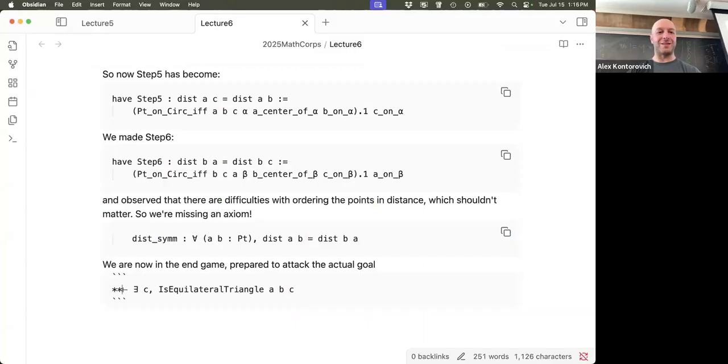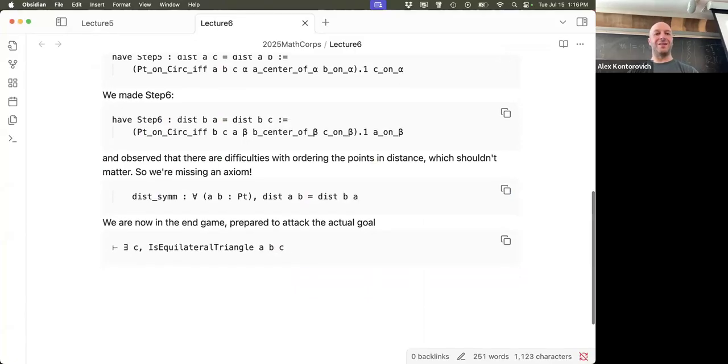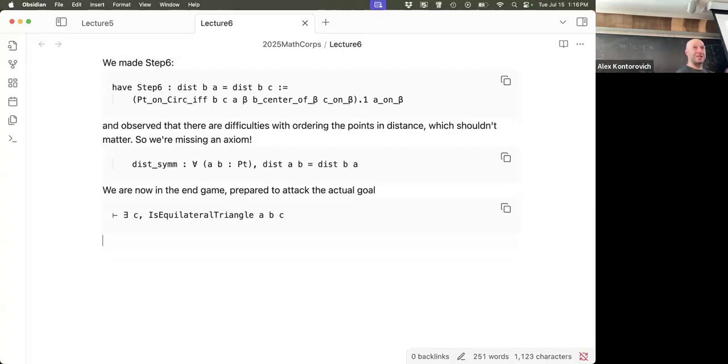The goal says there exists a C, which means we have to give it some C. Obtain is for when there exists some C and we know that it exists, but we want to have it. If the goal is that there exists a C, we want to say what C it should use. We want to specify what point. Again, this is a dummy variable.